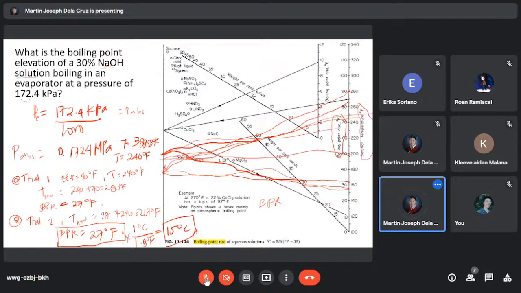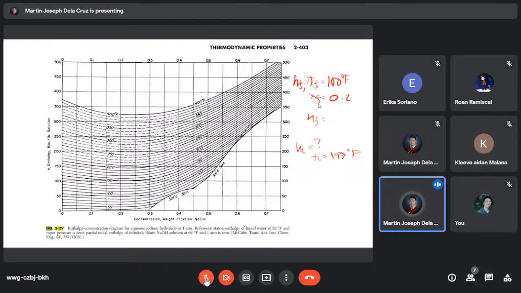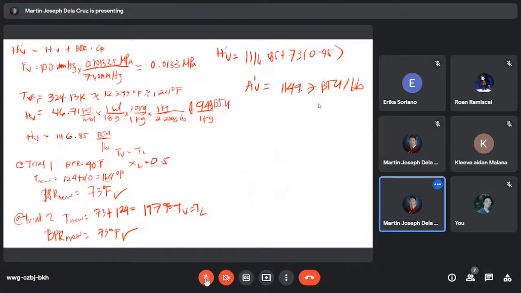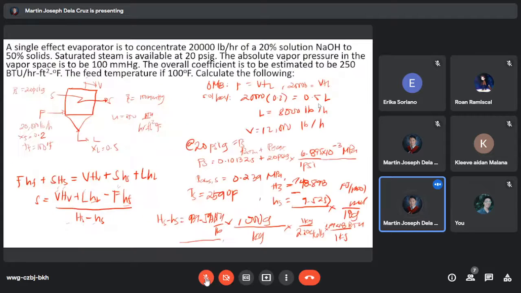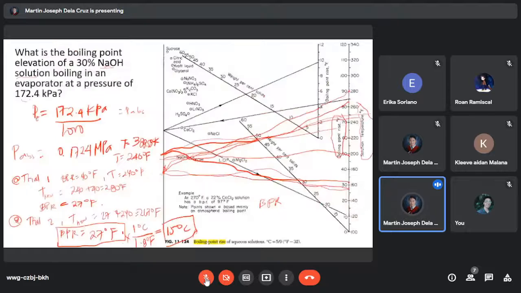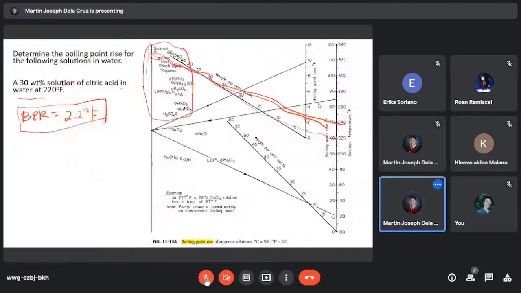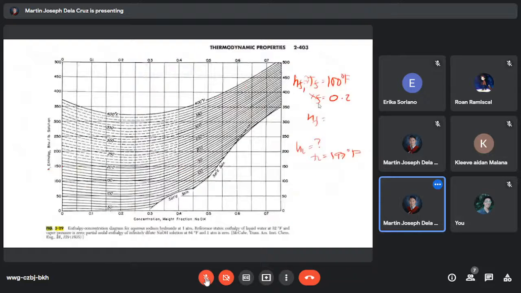Kaya, kung nakuha natin is 73, i-add na natin yung 124, bali maging 197. So, yun din yung temperature ni liquid natin. Okay? So, and then your XL is 0.5.